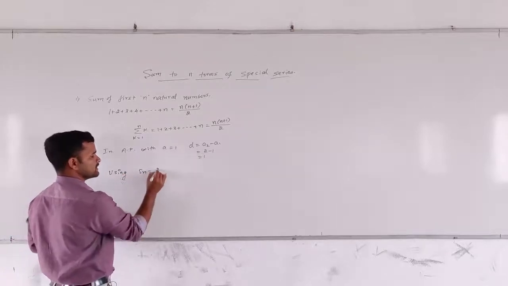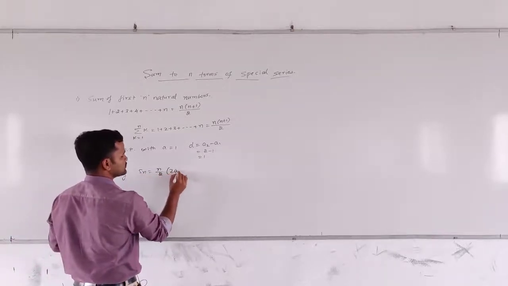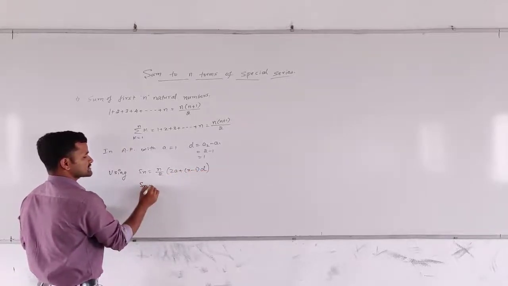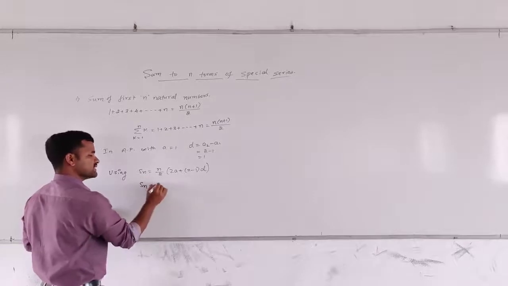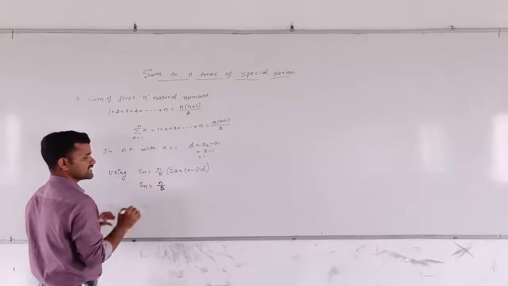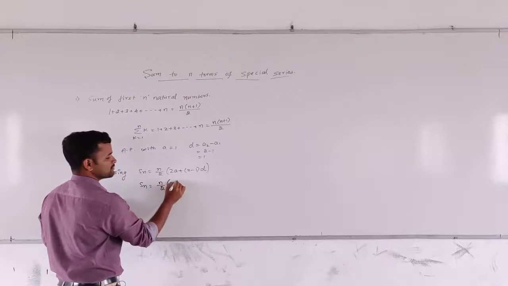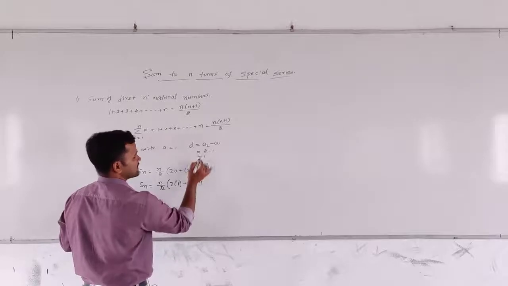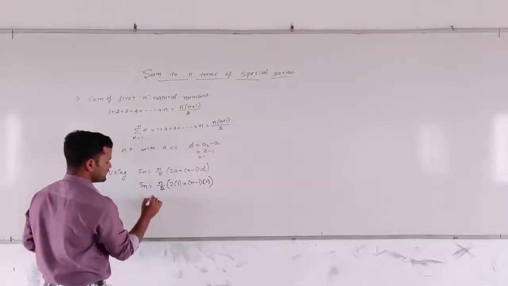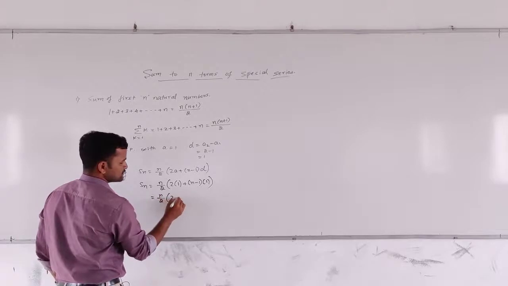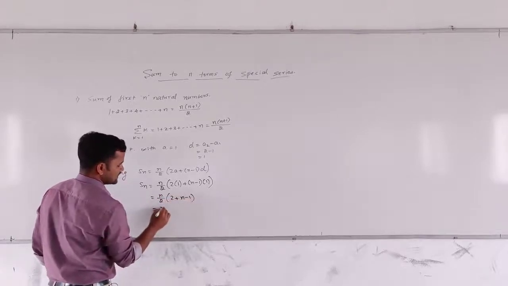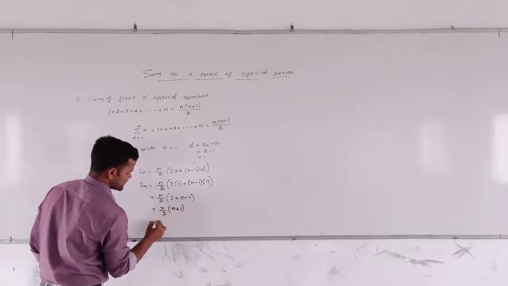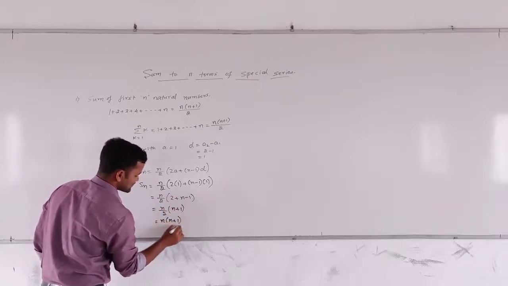Sn is equal to n by 2 into 2a plus n minus 1 into d. Here n terms are there, keep that n as it is. 2 into first term 1 plus n minus 1 into d, and d is also 1. We have n by 2 into 2 plus n minus 1. This is n by 2 into n plus 1. This is n into n plus 1 by 2.